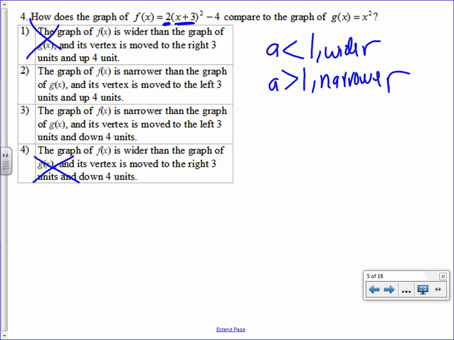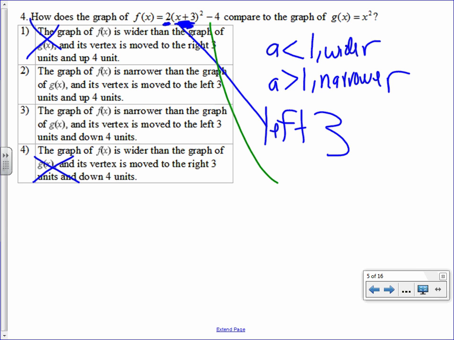The plus 3. The 3 is being added to the x, so this is making the graph move in the x direction. When you're in parentheses, it's always the opposite direction as you would think. So this plus 3 is saying left 3. Now this minus 4 is being subtracted from the whole thing.